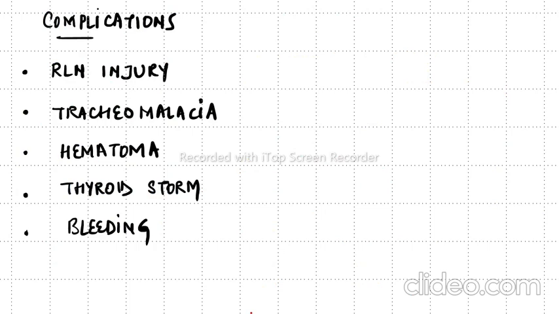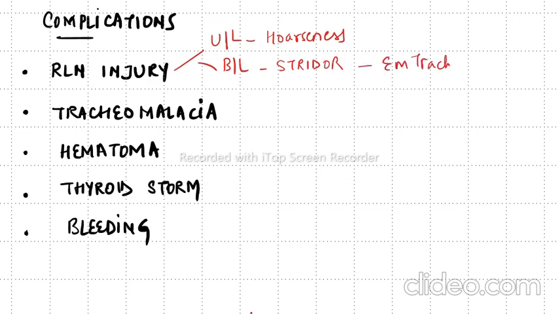There can be some possible complications in thyroid surgeries, like recurrent laryngeal nerve injury. It can be unilateral or bilateral. In unilateral, the patient will be having hoarseness, but in bilateral, the patient may have stridor and difficulty in breathing. Then you have to do an emergency tracheostomy.